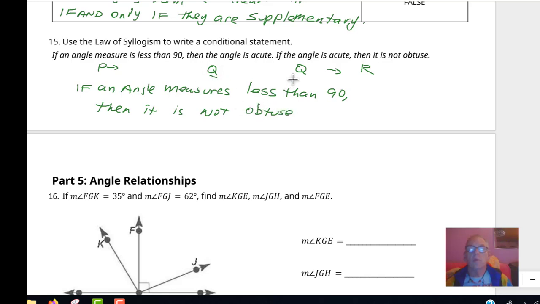So the Q connects with the Q of the last statement, and it leaves the P and the R linked together.